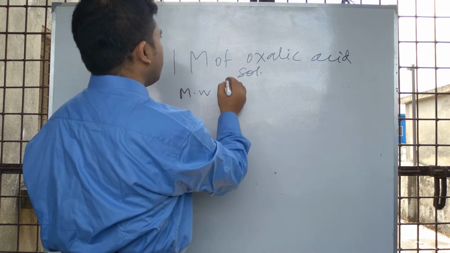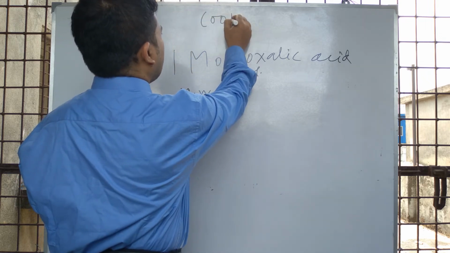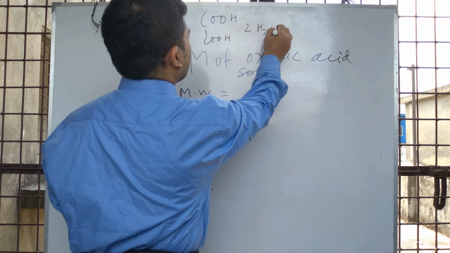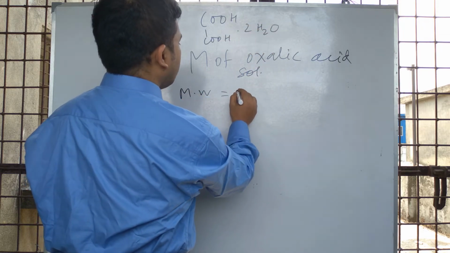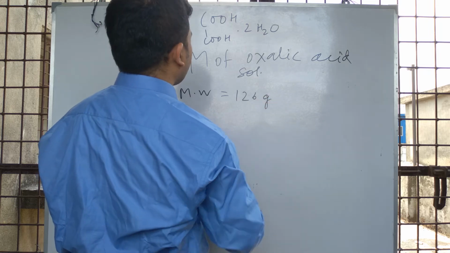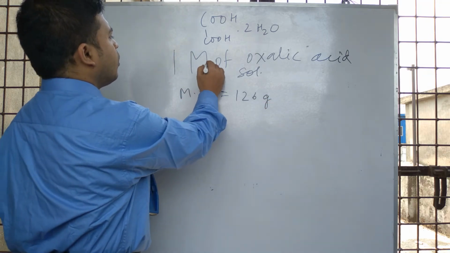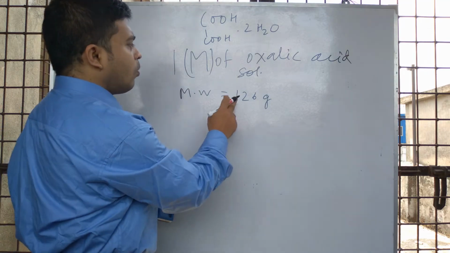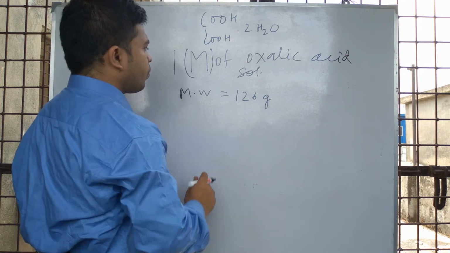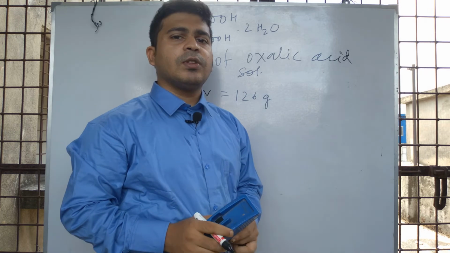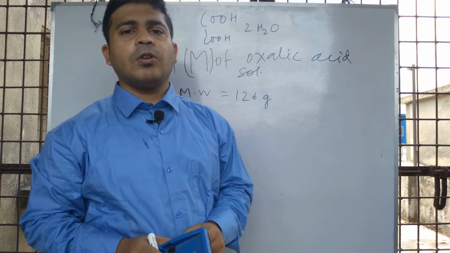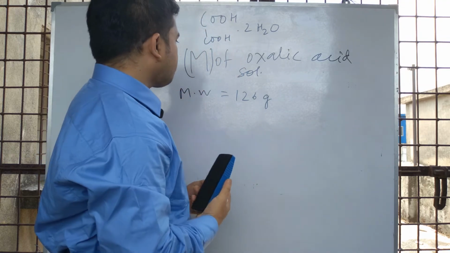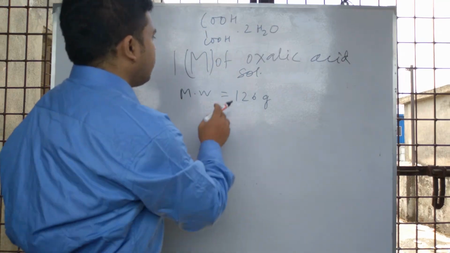The formula of oxalic acid is COOH dot 2H2O, and the molecular weight is 126 gram. So 1 molar oxalic acid solution means 126 gram of oxalic acid is present in 1 liter of the oxalic acid solution.